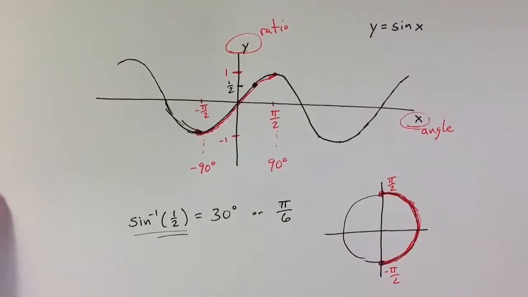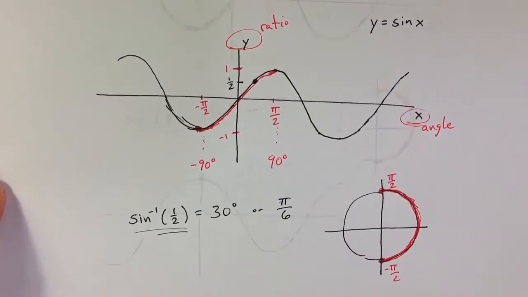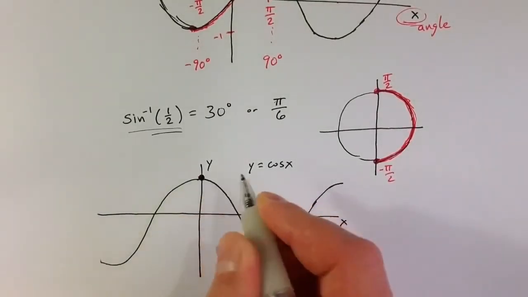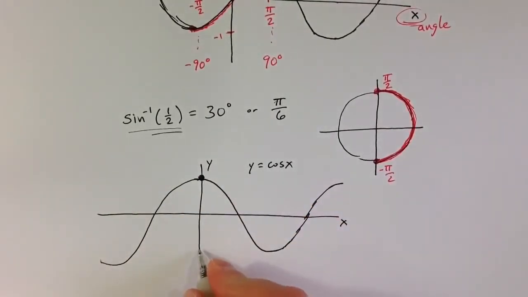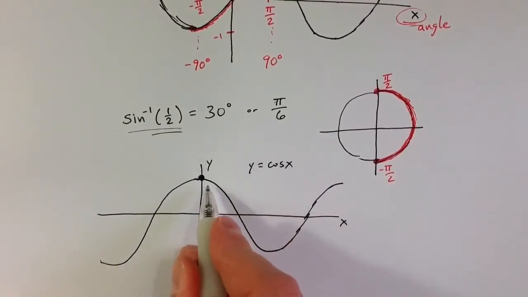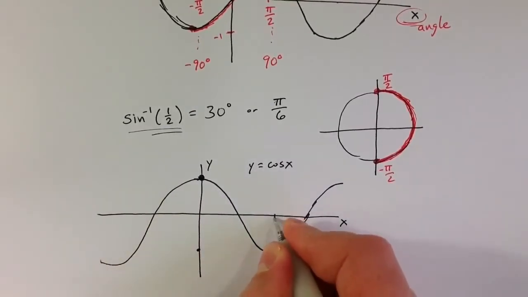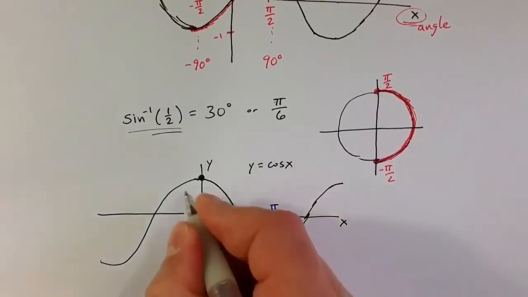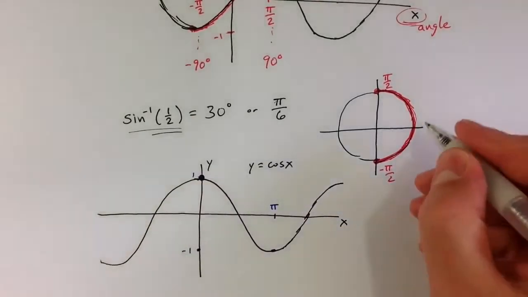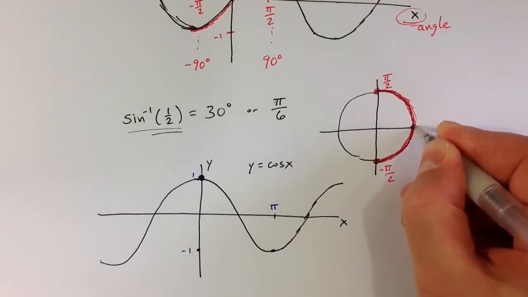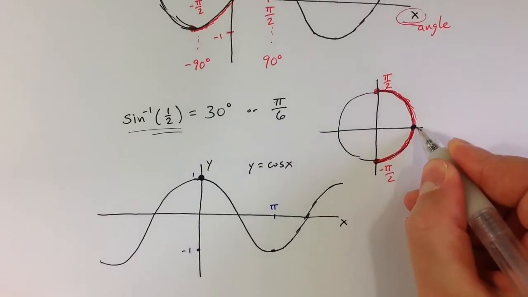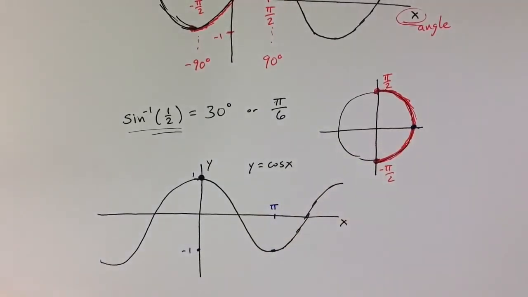So let's compare this to the cosine function. The cosine function starts at 1, cosine of 0 is positive 1, and going in a positive direction, when we get up to pi, cosine of pi is negative 1. Because cosine corresponds to the x coordinates on the unit circle, at 0 we start at a cosine value of 1.